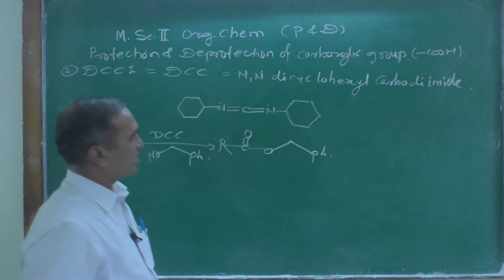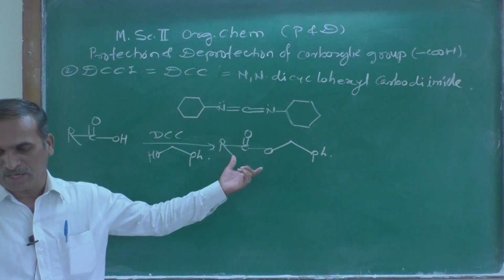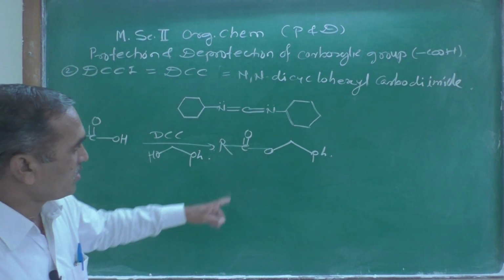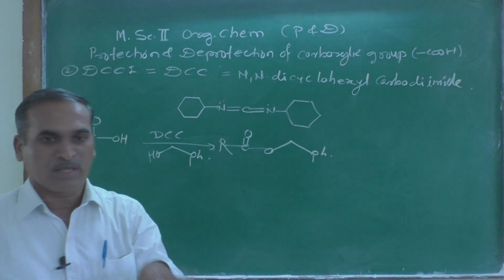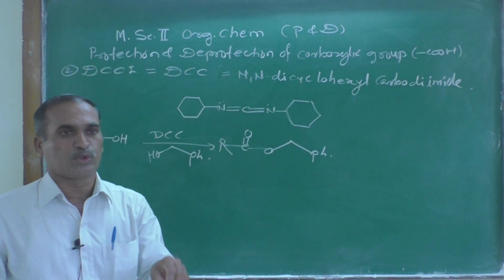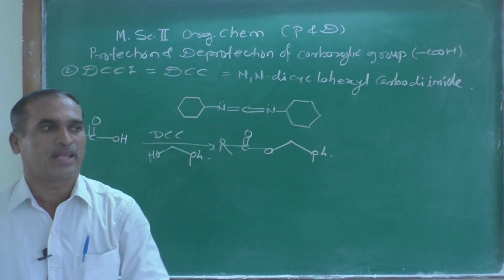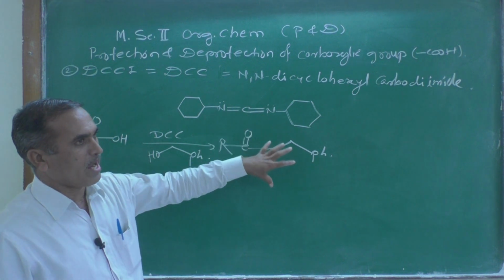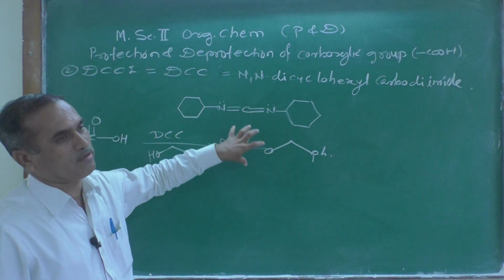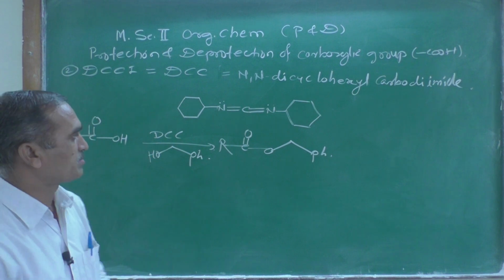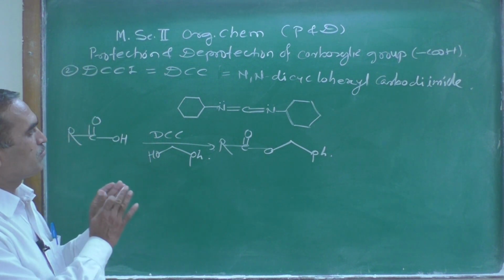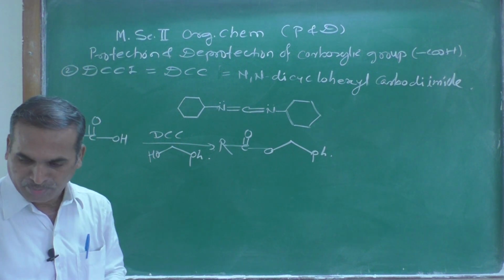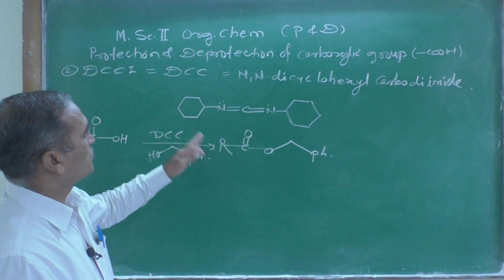This is a protecting group of the carboxylic group. This group is very bulky. Due to the steric hindrance, the reactivity of that ester group becomes less, and therefore this is a protecting group used for this.